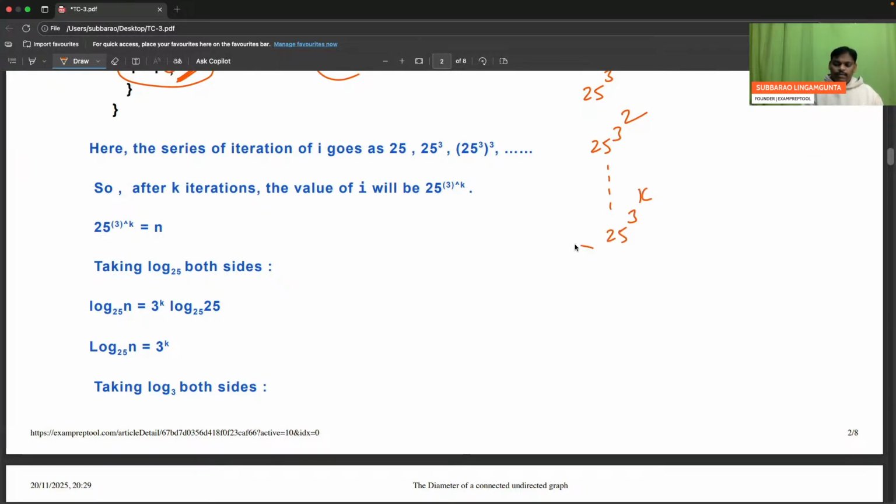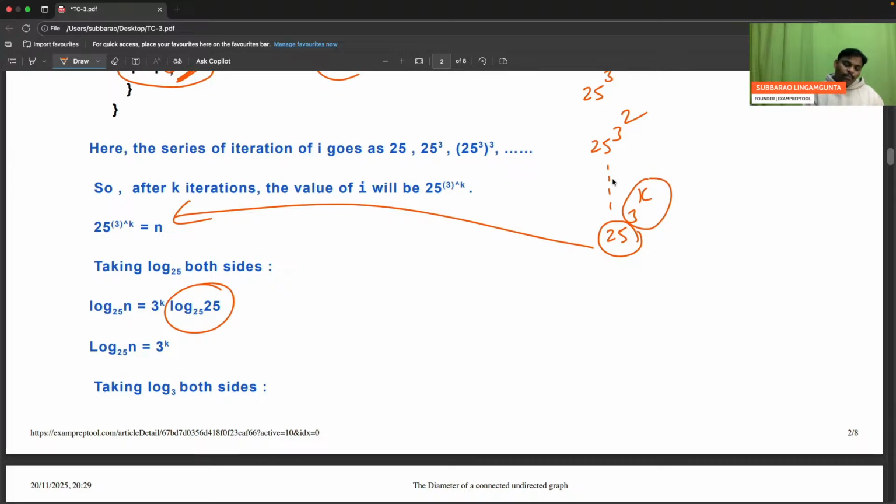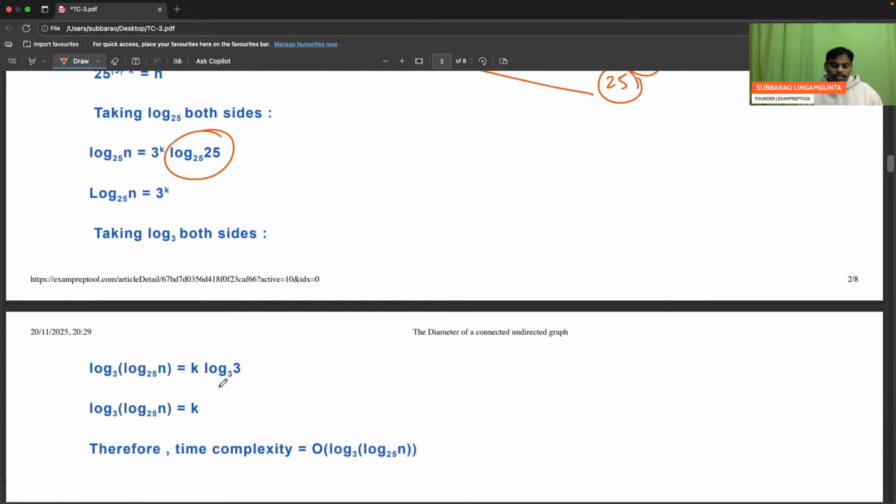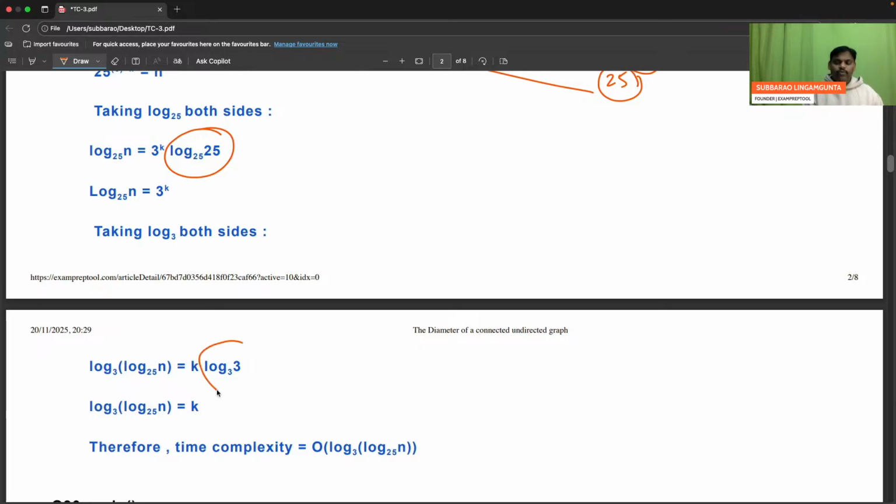It will become like this. Apply log. Remember, the initial one is 25, so apply log base 25 and that will go. Next, apply log base 3, and when you apply base 3, that will also go. So finally, k is log of log n.